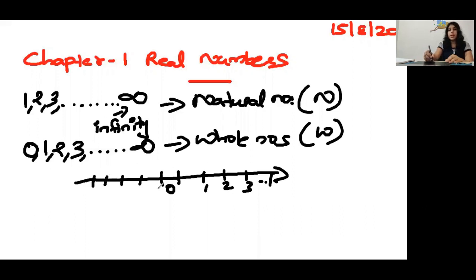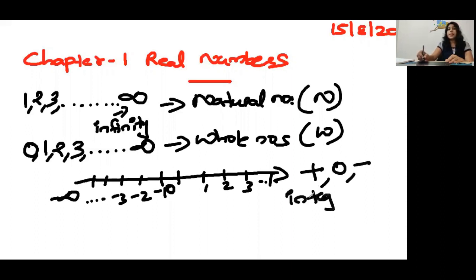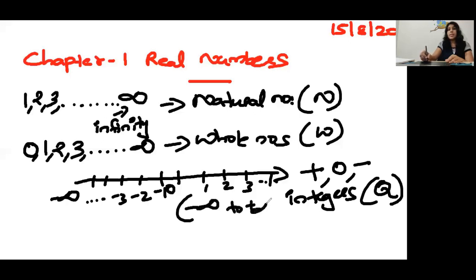So we can represent it as -1, -2, -3, etc. up to negative infinity. So these numbers, which include the positive numbers, 0 and the negative numbers, we generally call integers. We represent it as capital Q. So integers are the numbers which we can represent from negative infinity to plus infinity.